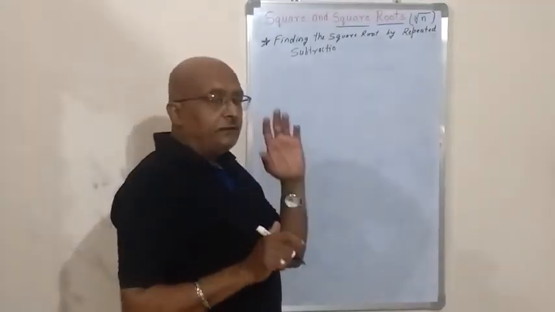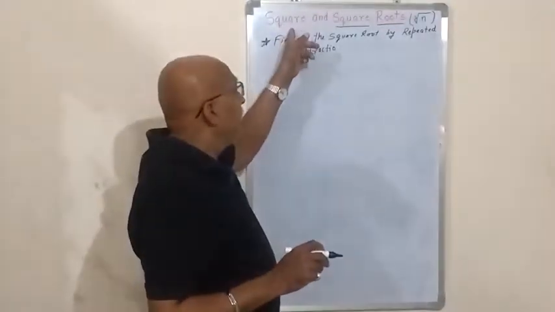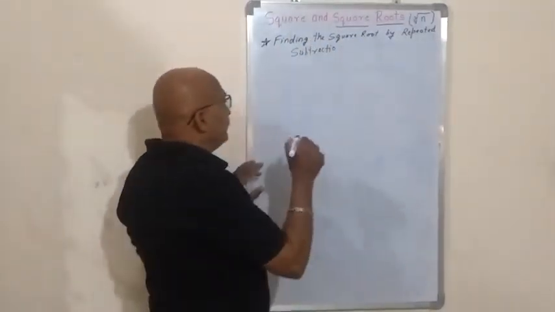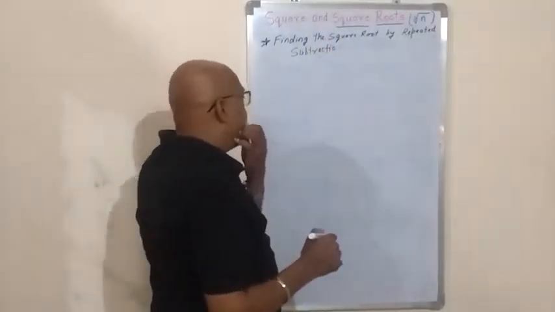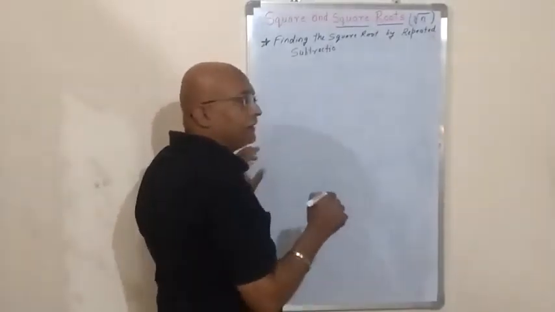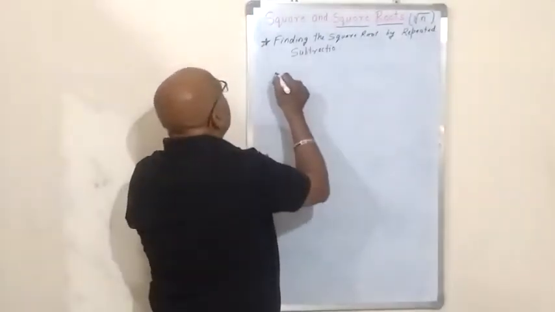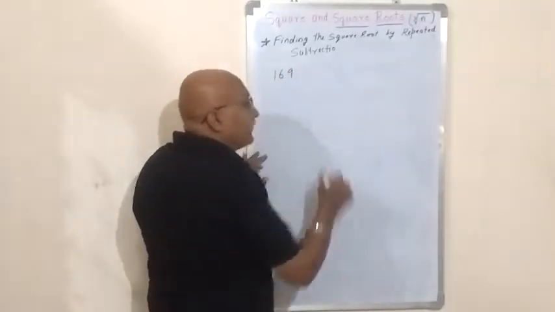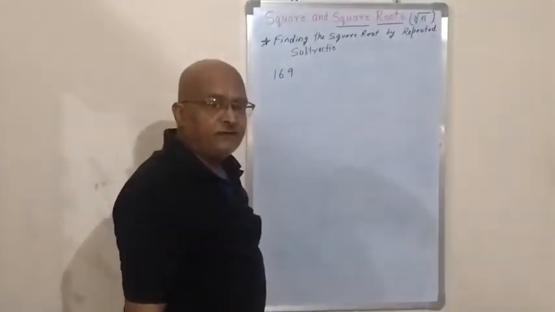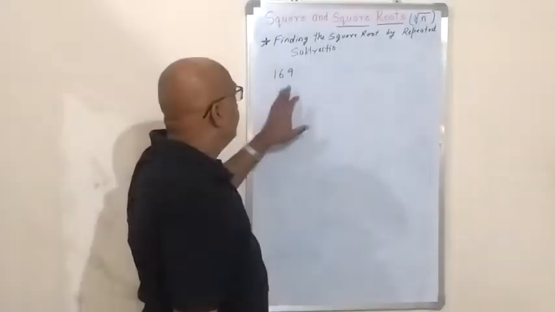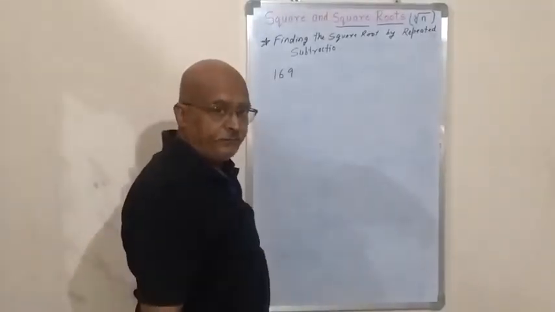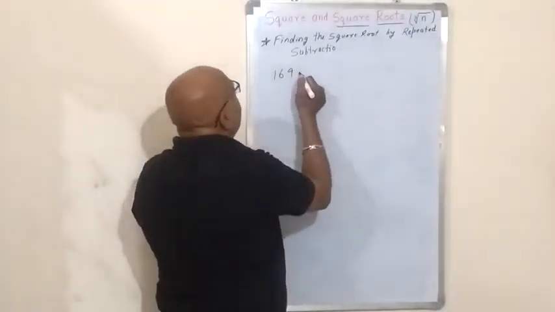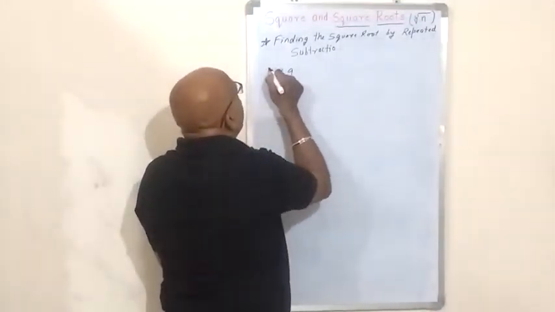Similarly, here we added, but now we are going to subtract. For example, take any perfect square number, say 169. 169 is a perfect square, and we have to find its square root.